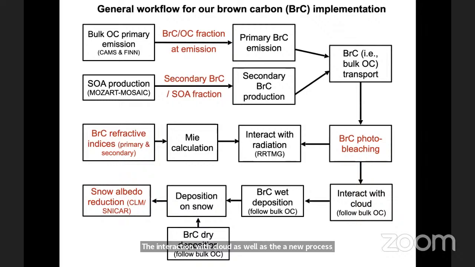This is because after oxidation through photolysis processes, the brown carbon could be photobleached, where it becomes normal organic carbon in terms of radiative properties, so that it does not absorb sunlight anymore. So we will also include a parameterization to account for this process. In that case, this part of the photobleached brown carbon will become normal organic carbon for the radiation consideration.